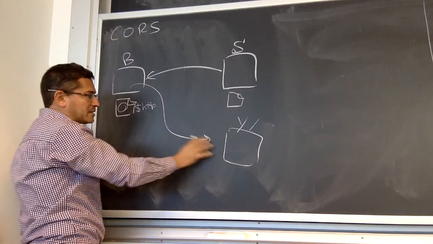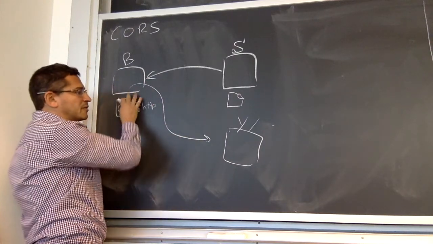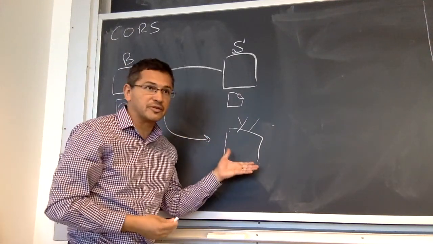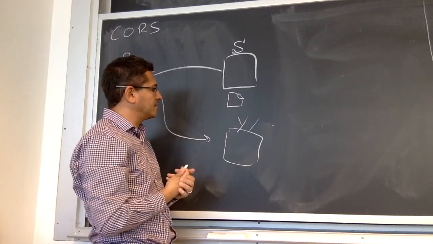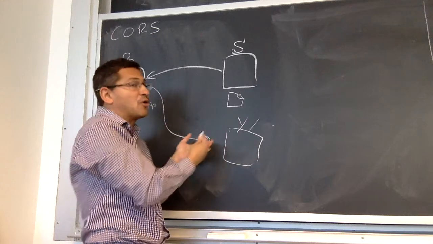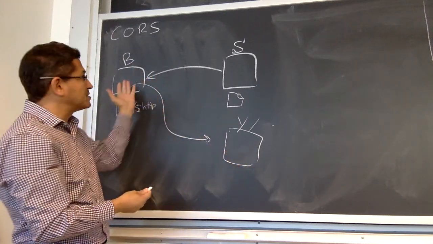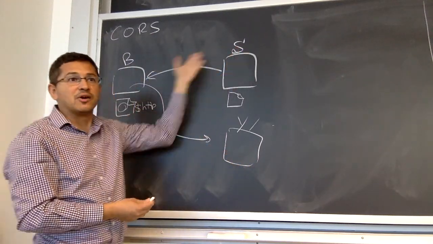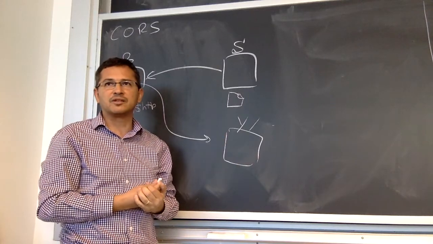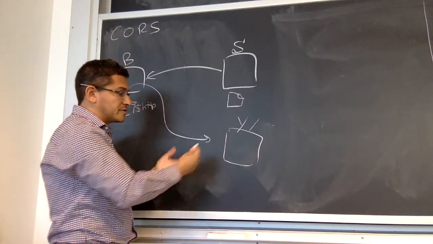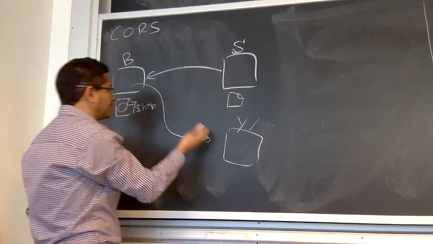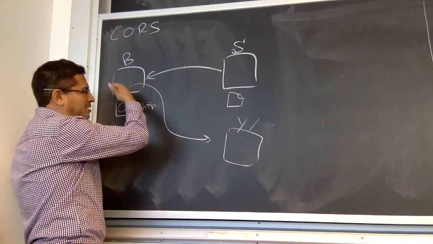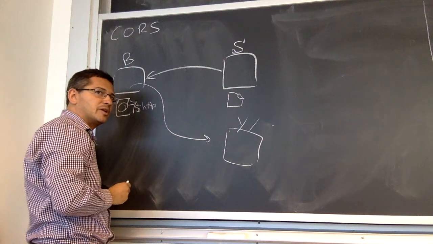When you send a request like that, the browser will first go out to the server and say, "Hey, server, do you support CORS? Do you support this mechanism of communication? Is it okay that this script that was downloaded from some other domain communicates with you?" And the server says yes, I accept communication from anywhere. Then the browser will say, okay, fine, I'll let you go and do the communication.